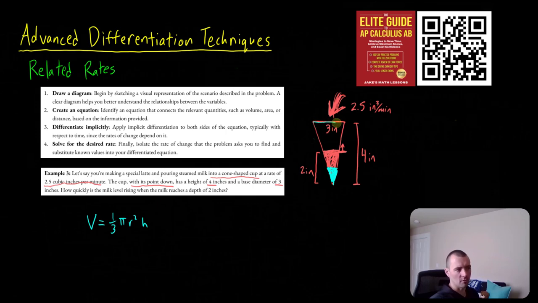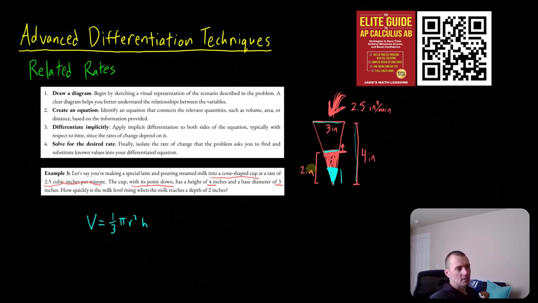If you look at the diameter of the base compared to the height of the cup, it's 3/4 of the distance. So therefore that same ratio will hold true for the diameter of the milk to the height of the milk. So at this instant we are looking at, where the milk is 2 inches deep, we know the diameter of the milk cone is going to be 3/4 of 2 inches, which would come out to 3/2, right? 1.5 inches.